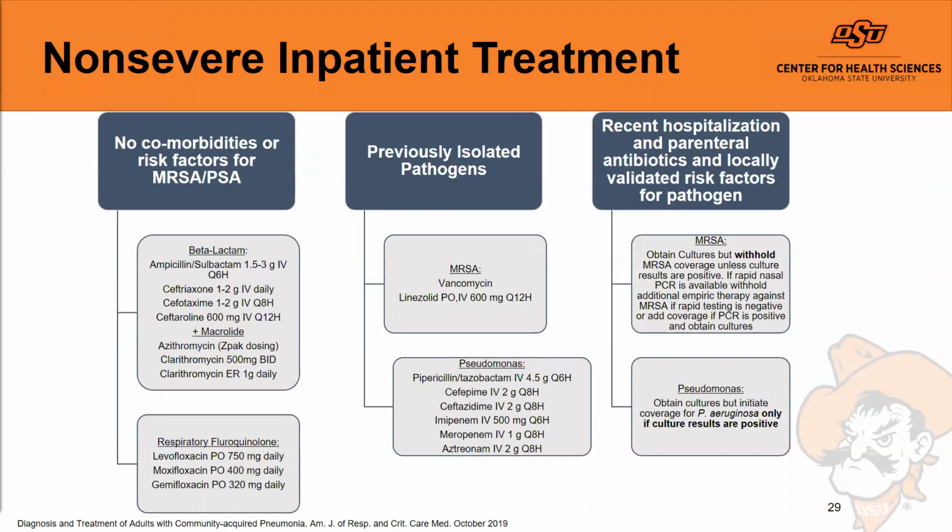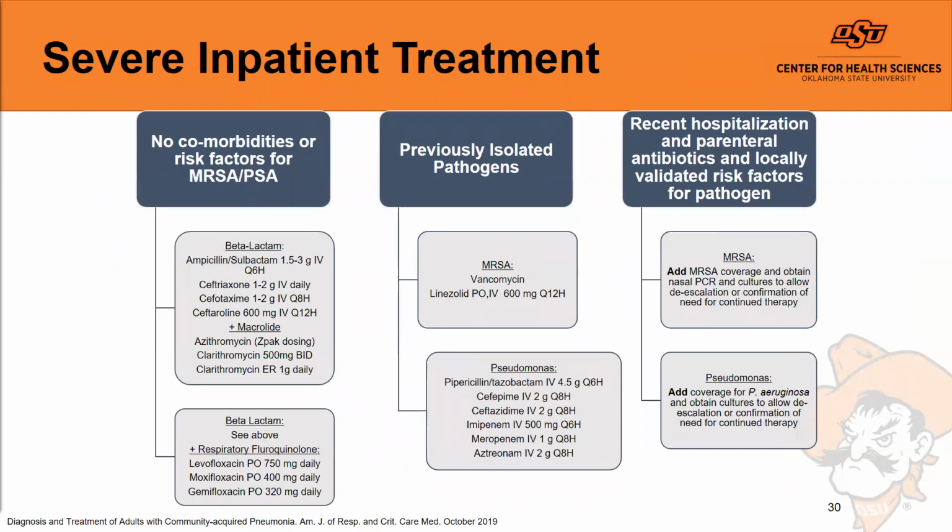If the nasal test is positive for MRSA, that coverage can be added. Cultures should be obtained for this population. Only add pseudomonal coverage if there is a positive culture, so it doesn't have to be empirically added. And then antibiotics can be de-escalated once sensitivities return.